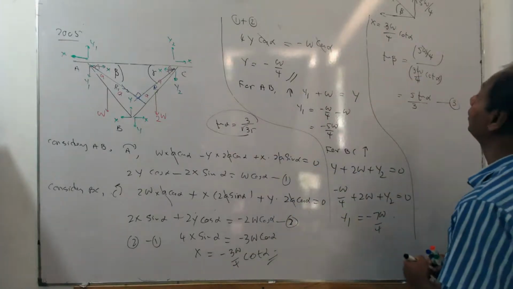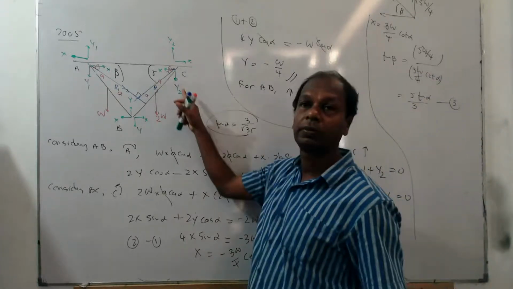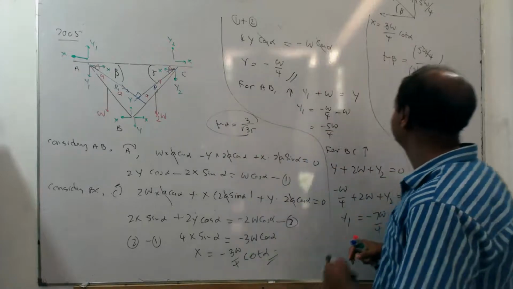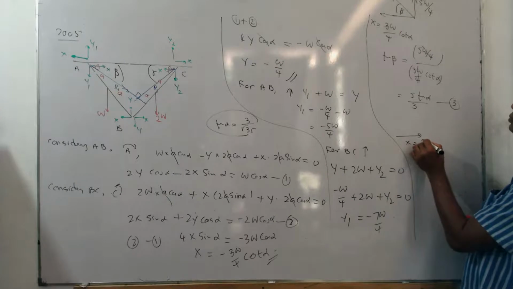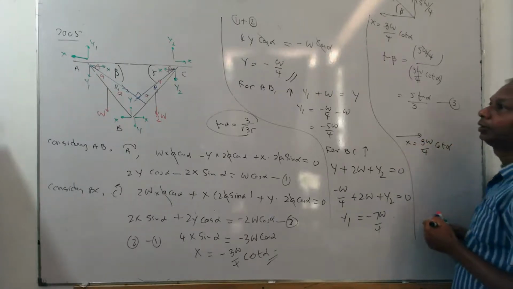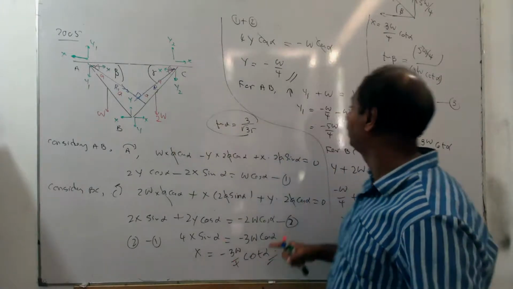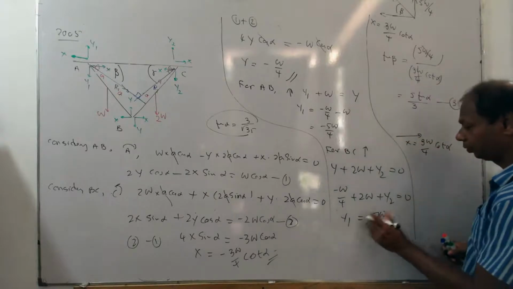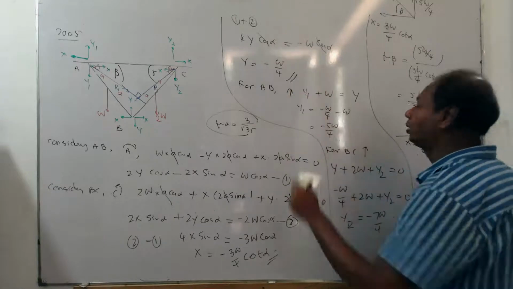Then similarly, we can find tan gamma. To find tan gamma, x and y2. Again, x is negative. So this x I have to draw in the opposite direction, w over 4 cot alpha. Y2 I mark downwards, but again you got a negative value for y2, so it should be going up.